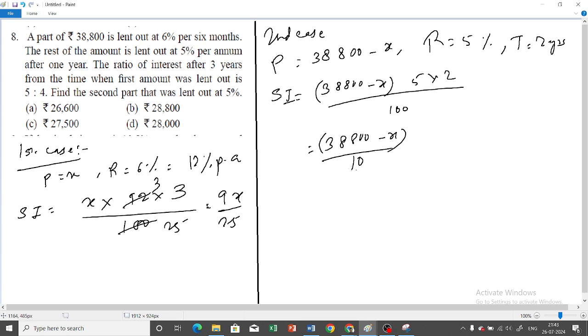Now the ratio. When the first amount was lent out, the ratio of interest after 3 years from the time when the first amount was lent out is this. So the ratio of the first one is equal to 5 divided by 4.